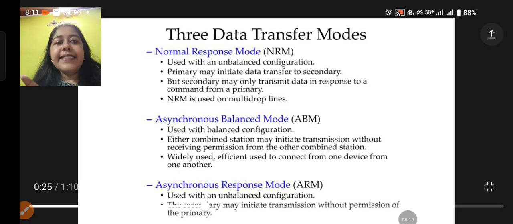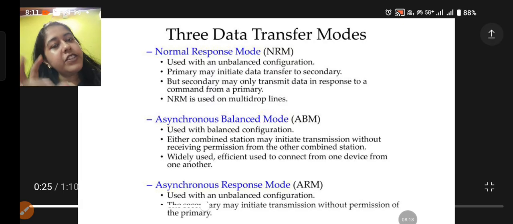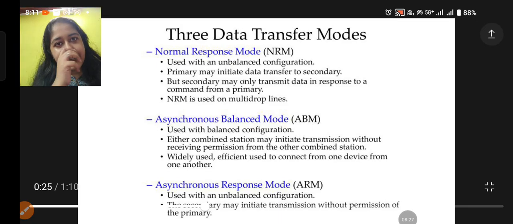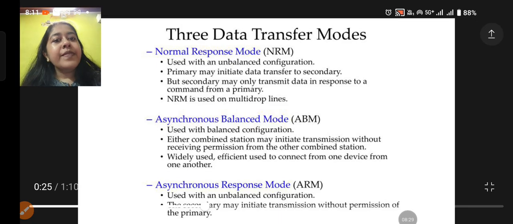Next is asynchronous balanced mode, that is ABM. It is used with a balanced configuration. In case of a balanced configuration, meaning the combined procedure, we are using this particular ABM. As the name suggests, asynchronous balanced mode, obviously it is for the balanced mode. Either combined station may initiate transmission without receiving permission from the other combined station.